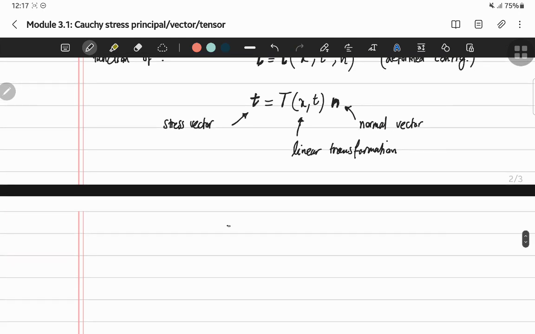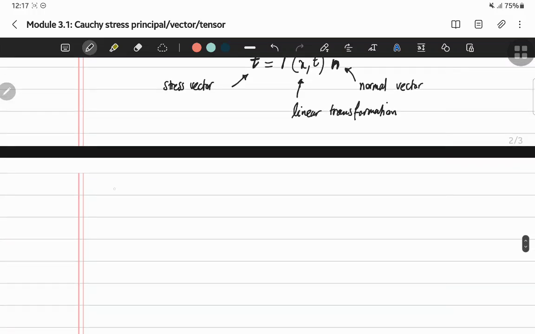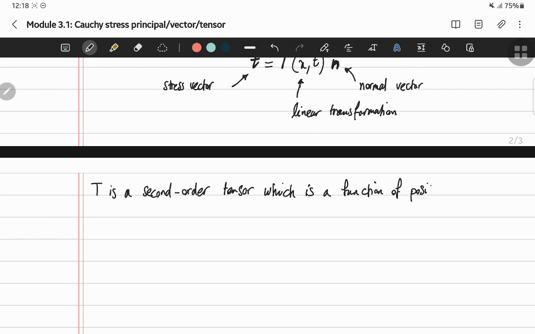Basically, this T is a second order tensor which changes with x and t. It is a function of position and time.